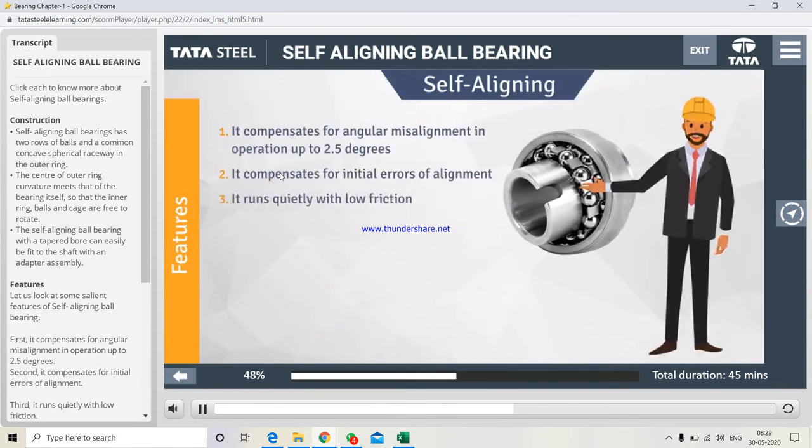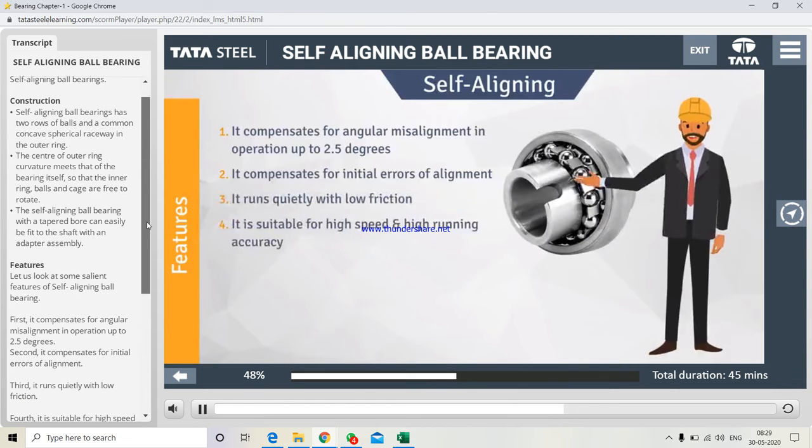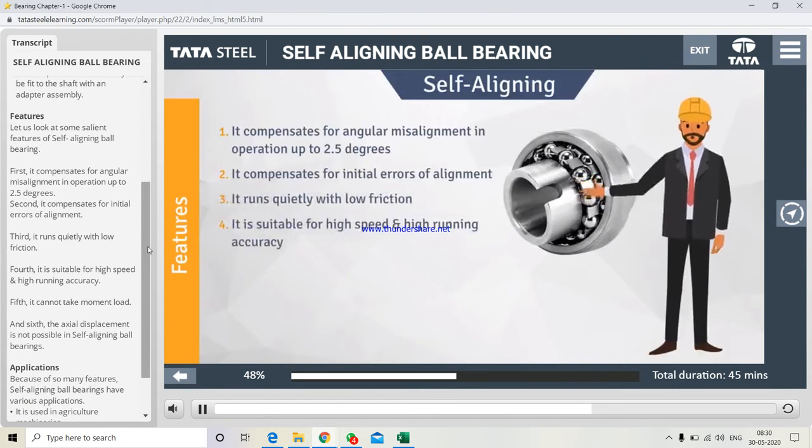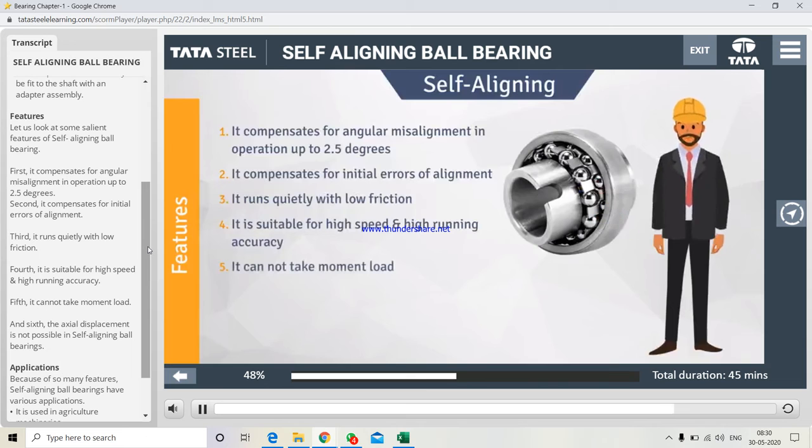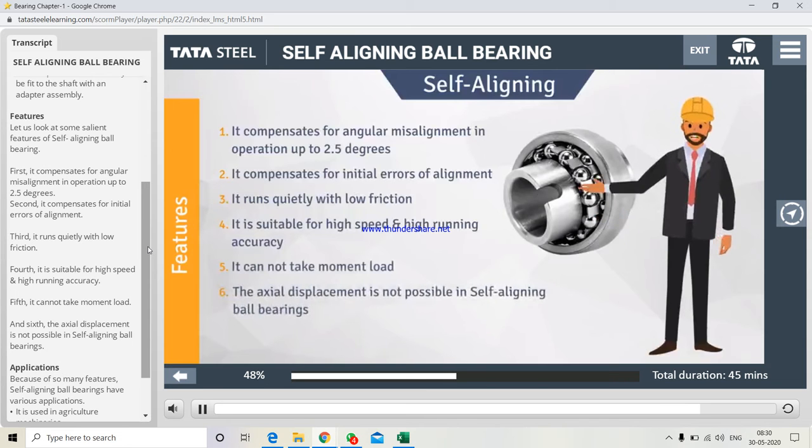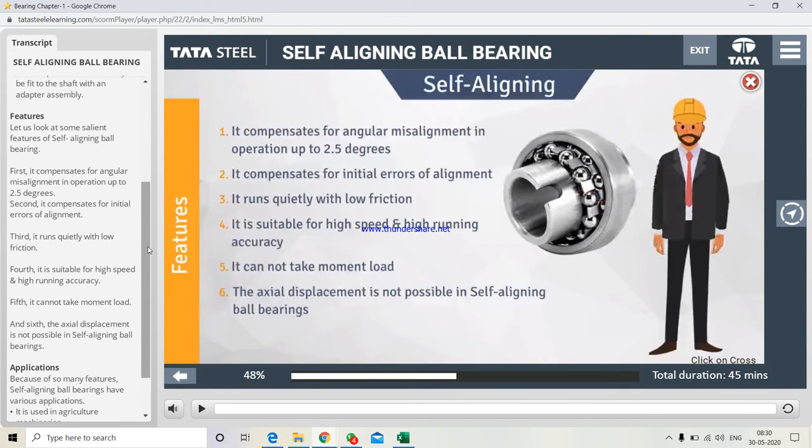Third, it runs quietly with low friction. Fourth, it is suitable for high speed and high running accuracy. Fifth, it cannot take moment load. And sixth, the axial displacement is not possible in self-aligning ball bearings.